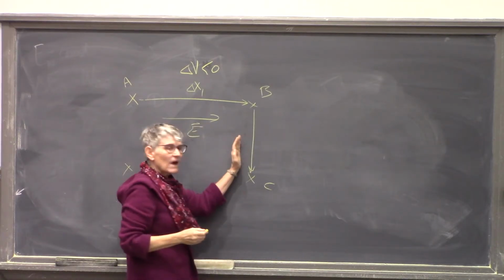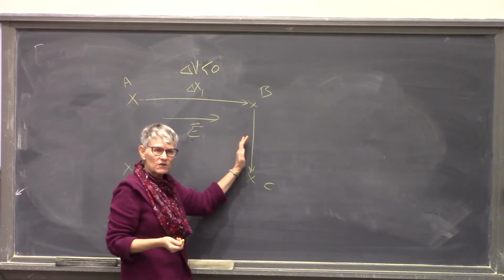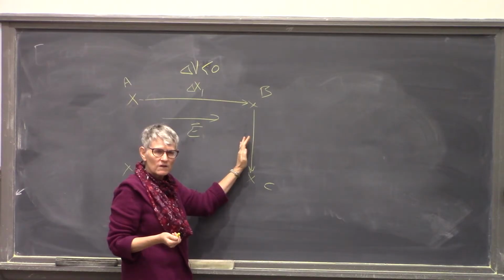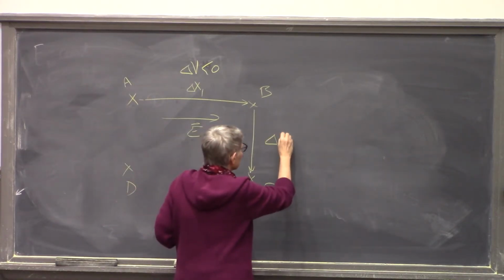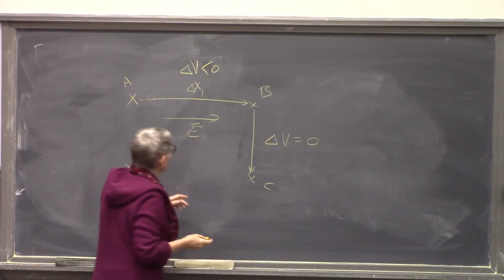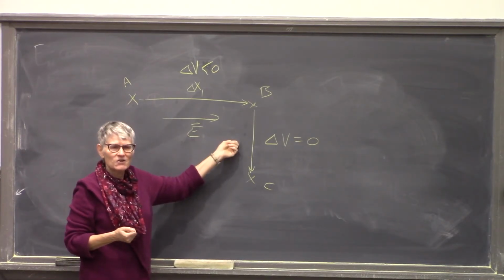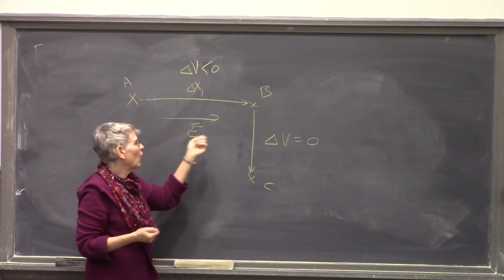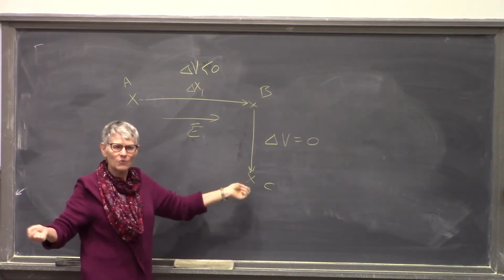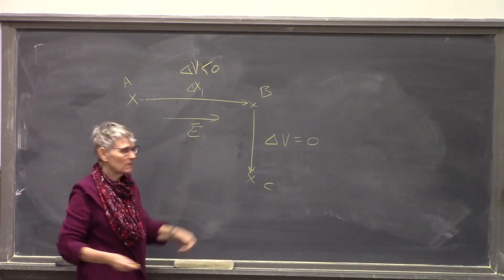For this path here, the potential difference is 0 because we're going perpendicular to the field, and so dx is 0, so E x delta x is 0. E y is 0, so E y delta y is 0, so it's 0.